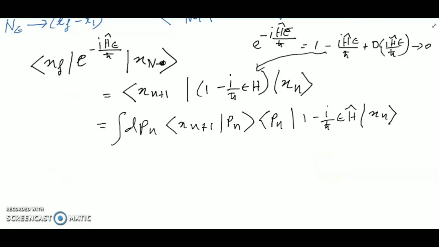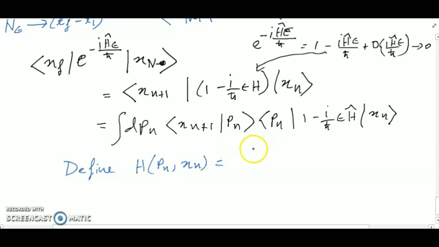Now we define each classical function H of p n comma x n equivalent to p n and H hat acting on x n divided by p n x n.